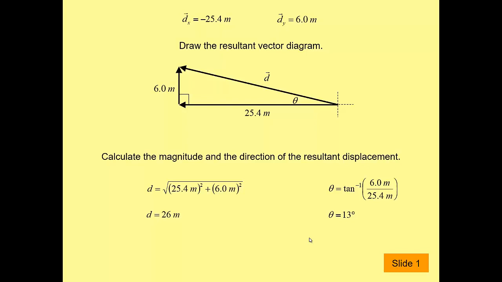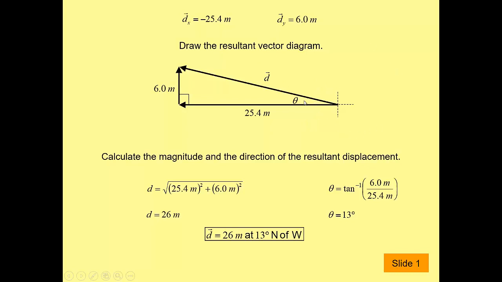Well, if we go back to the original problem statement, this was done with cardinal directions, north, south, east, west. So let's do that in our answer as well. So our displacement would be 26 meters at 13 degrees, and notice this is west, so we have to rotate north of west. Okay, 13 degrees north of west, hope you're okay with that. West of north would be this way.